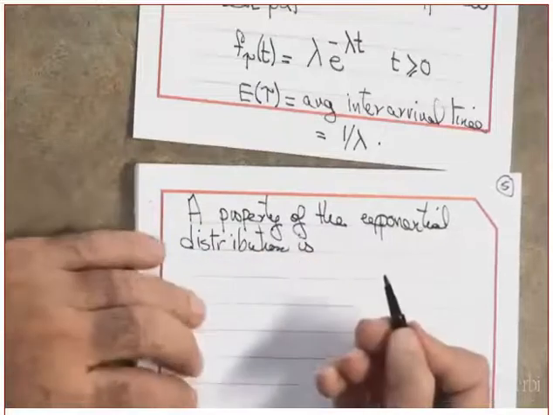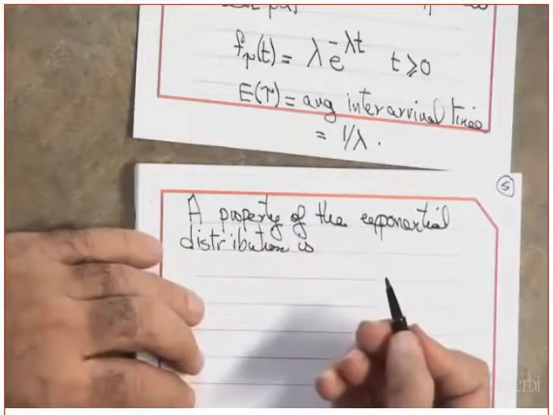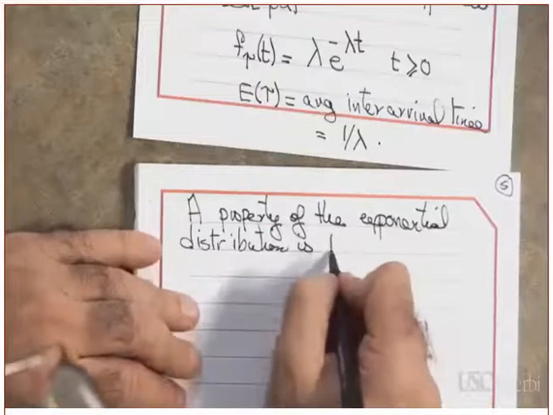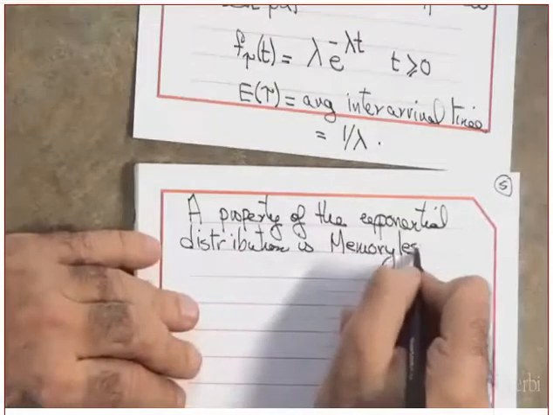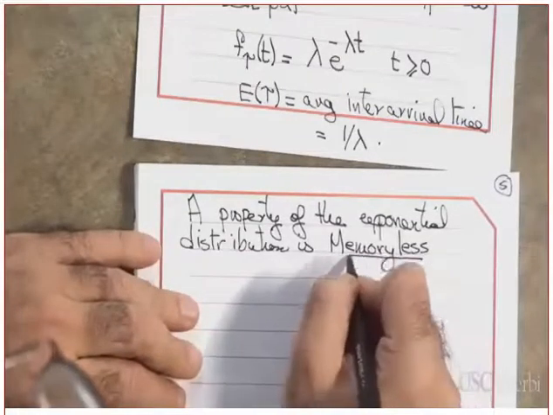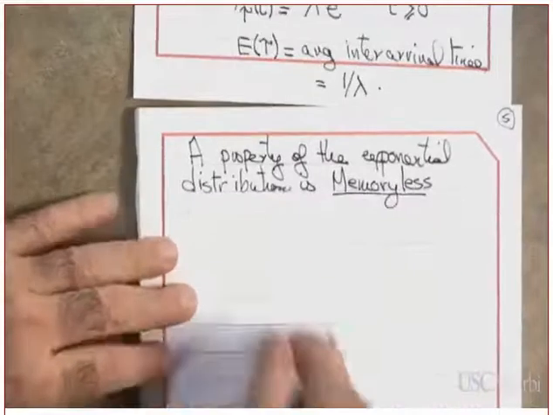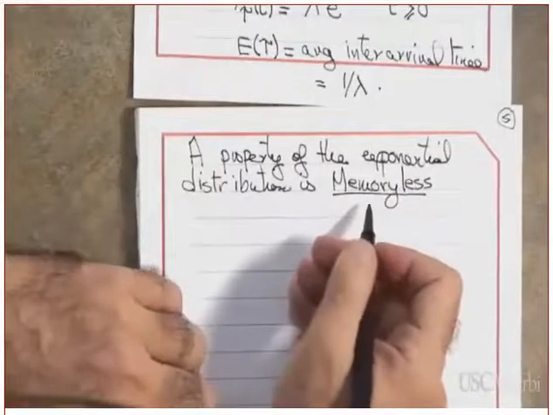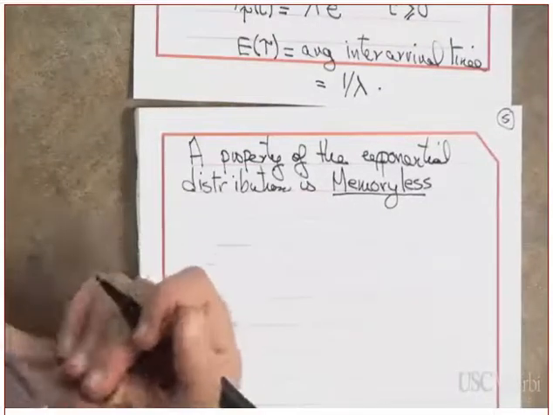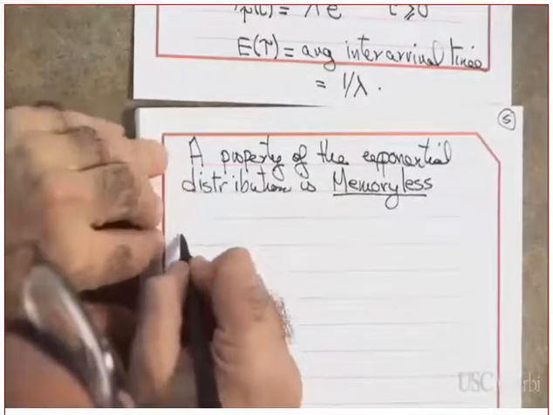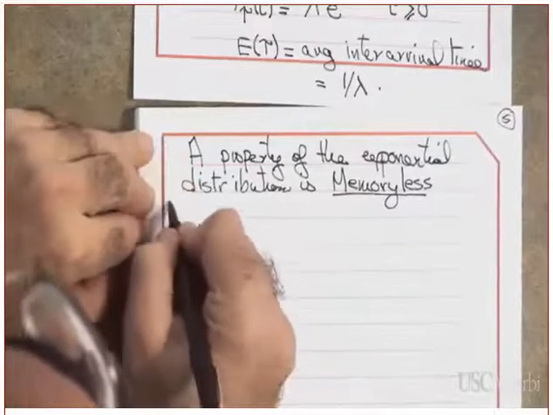It is memoryless. What does that mean? Did you take this in 503?